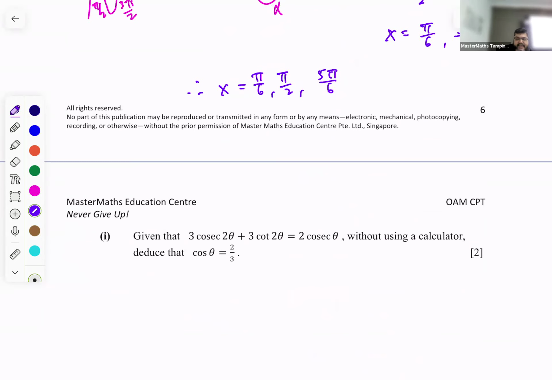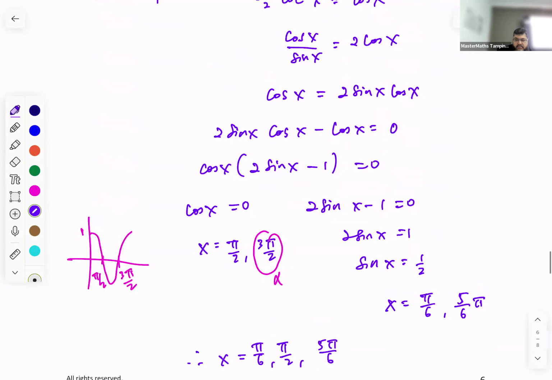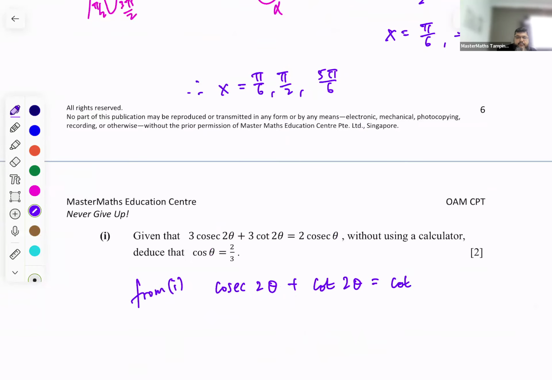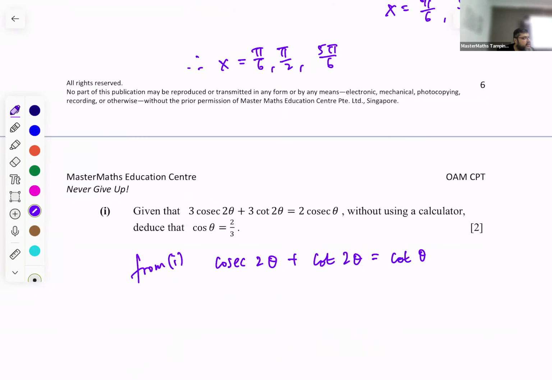Then on top we have proven that cosecant 2 theta plus cotangent 2 theta is cotangent theta. From part 1, we have proven that cosecant 2 theta plus cotangent 2 theta is equal to cotangent theta. Now you apply.